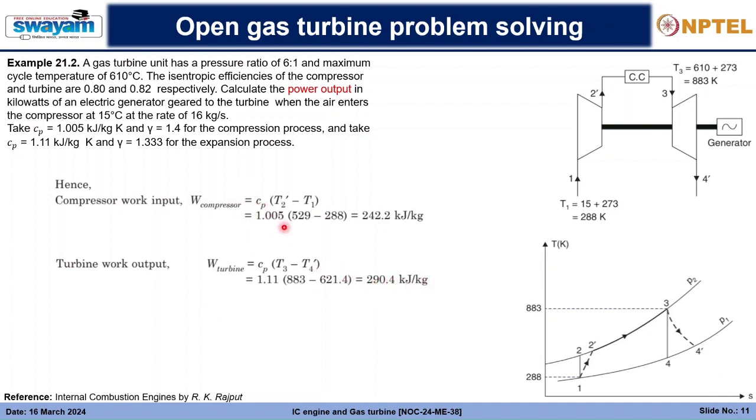Mind that the Cp value used for the compressor corresponds only to the air, so the value is 1.005, and the Cp value used for the turbine is that of the gas, that is 1.11 kilojoule per kg Kelvin.